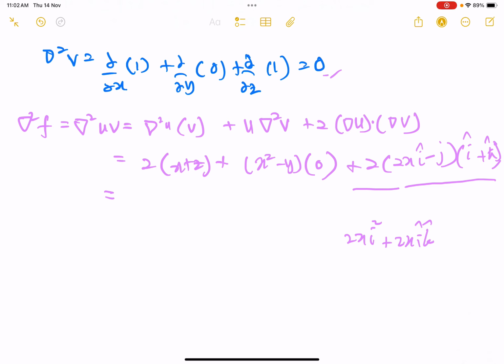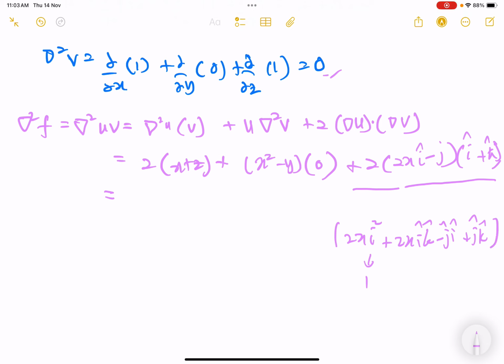I squared equals to 1, so this is equal to 1, ik, and plus ig minus minus ji, and then plus gk.